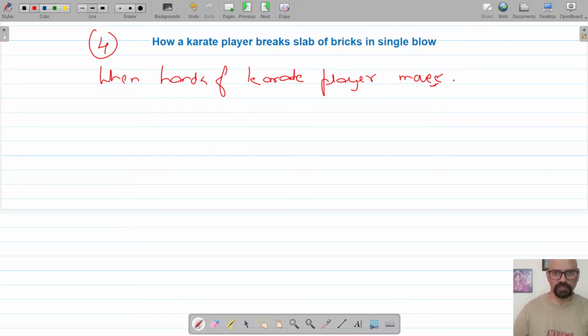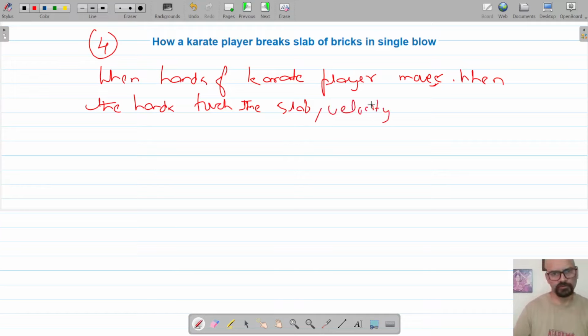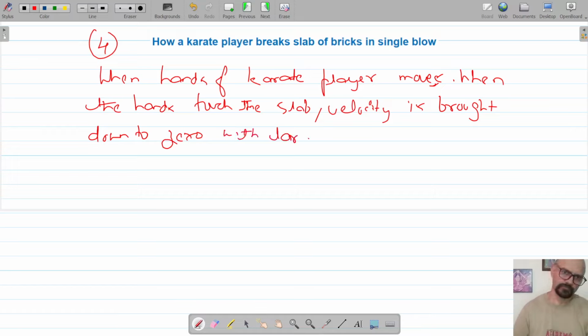So we can say that when the hands touch the slab, the velocity is brought down to zero with a large amount of momentum in a very short span of time.